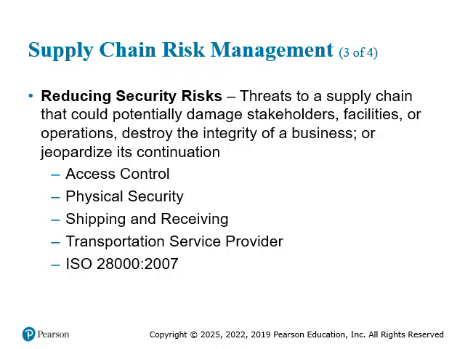So we want to keep those types of actors away from our supply chain, have effective access control to information and physical security to keep materials secure and to keep bad actors out.